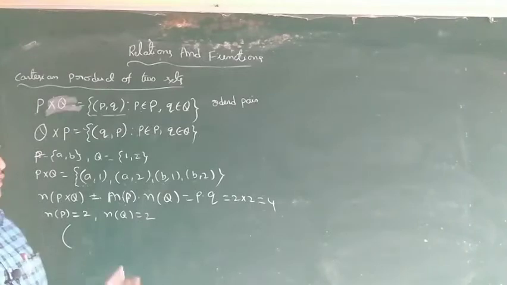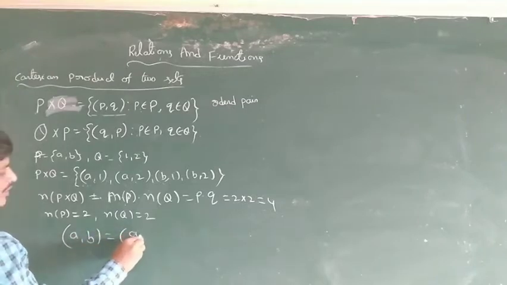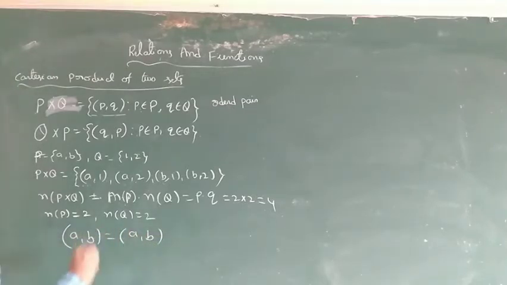When are two ordered pairs equal? For example, (a, b) is equal to (c, d).